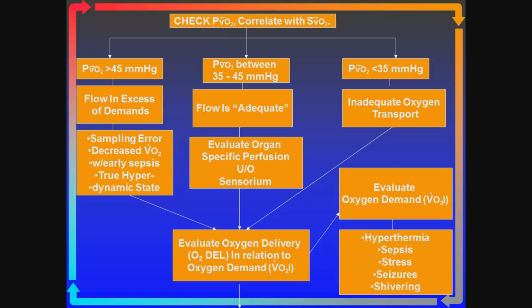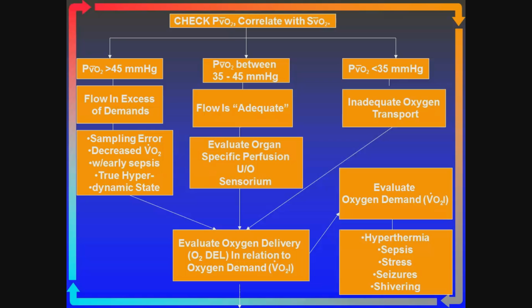Also, this could be a situation where if you draw the blood too quickly off of a distal line, the distal port, so if you're drawing it off the yellow on a PA catheter, the yellow port is the distal. If I draw that too quickly, I'll end up having arterialized that blood, and you get an elevated value. So it's a very slow draw if you ever have the opportunity to.